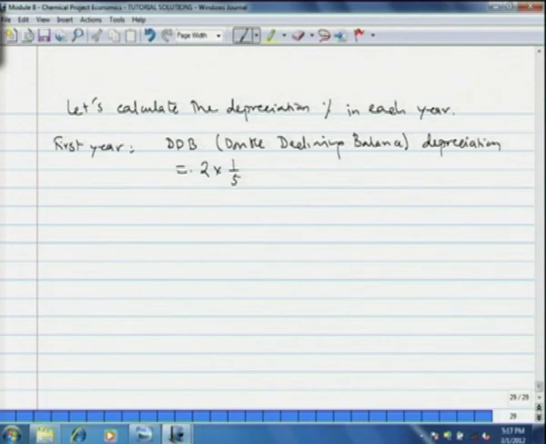So, double declining, 0.4 for property that has a unit price 1, but with half year convention, 0.4 becomes 0.2.